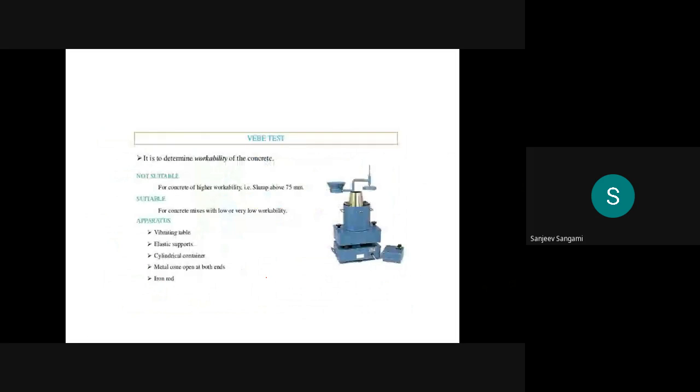The vee-bee test is not suitable for concrete of high workability, slump above 75 mm. It is suitable for concrete with low or very low workability.